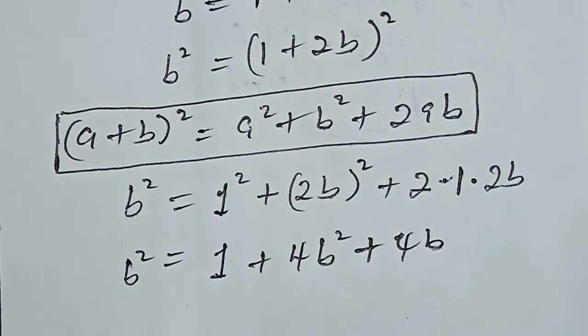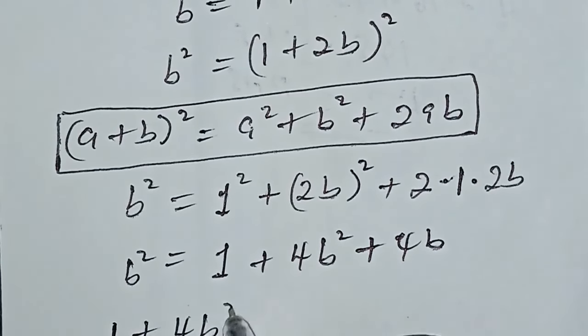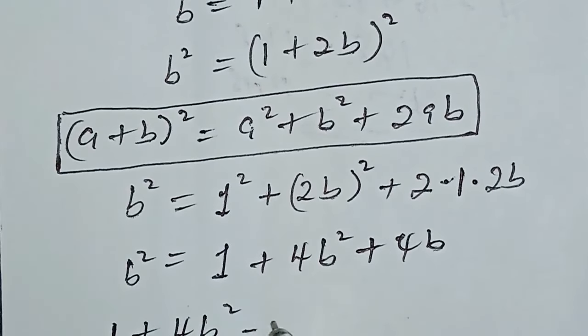So we now have 1 + 4b squared minus b squared + 4b equal to 0.